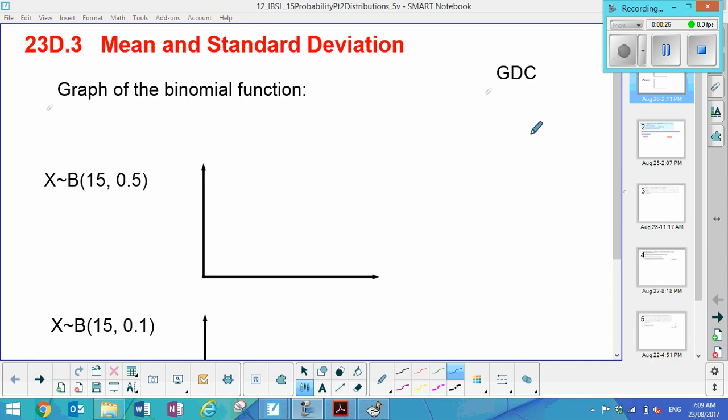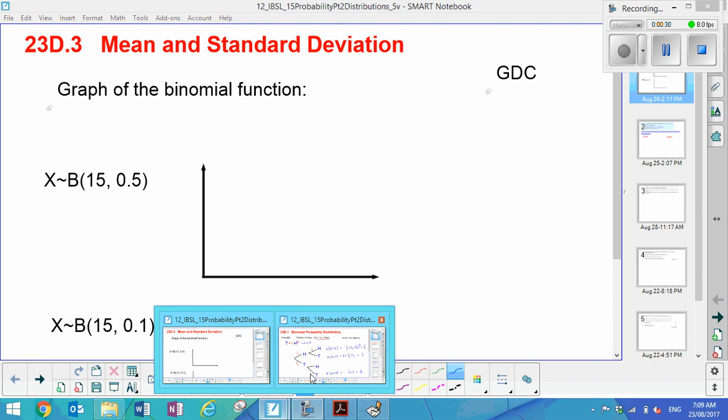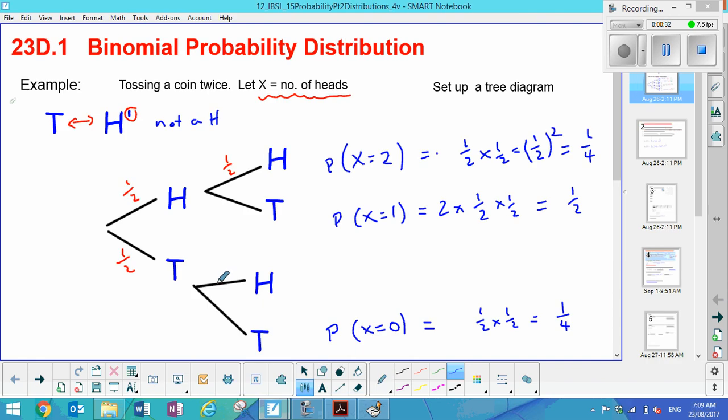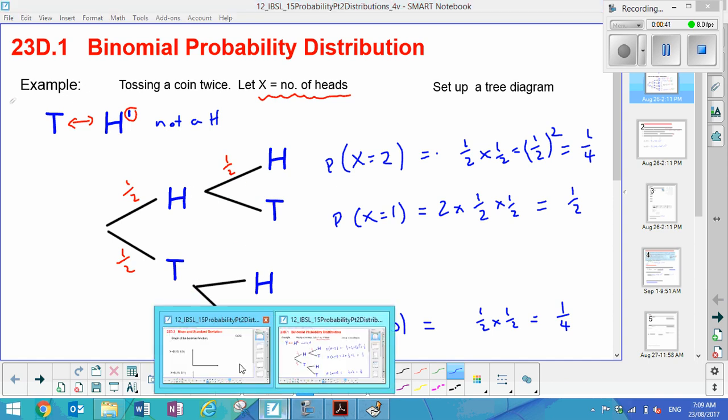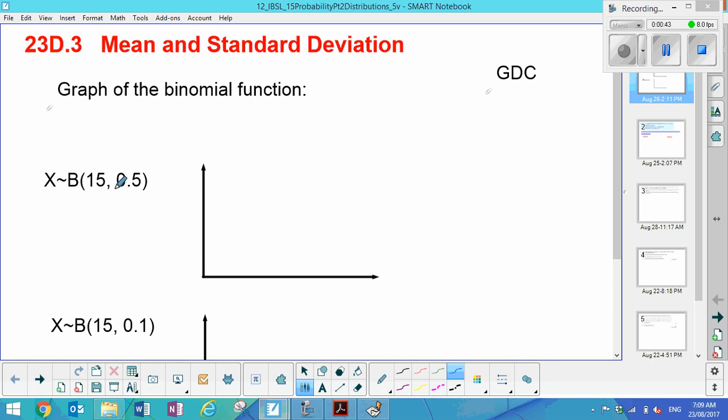What we want to do is look at an example that we looked at in the previous section where we had a coin being tossed. We've got heads or tails, and we've done it twice, so the experiment was repeated twice. In this scenario, we're going to look at it being repeated 15 times.